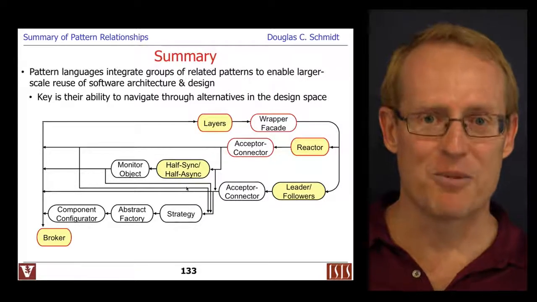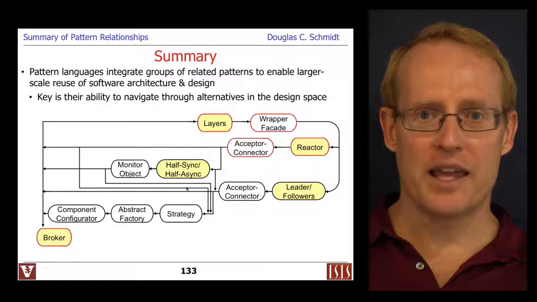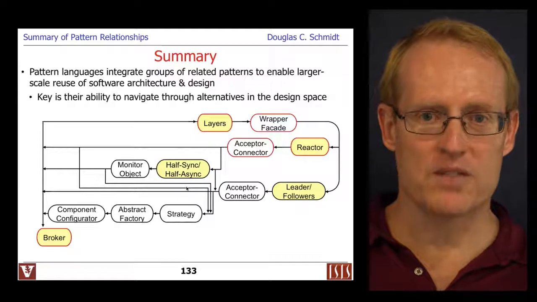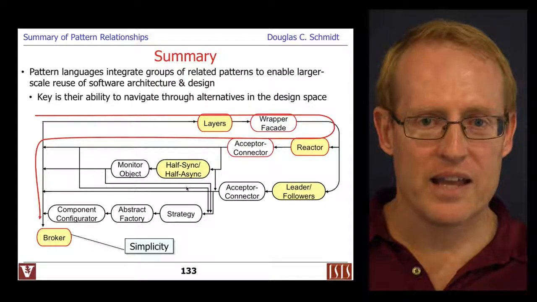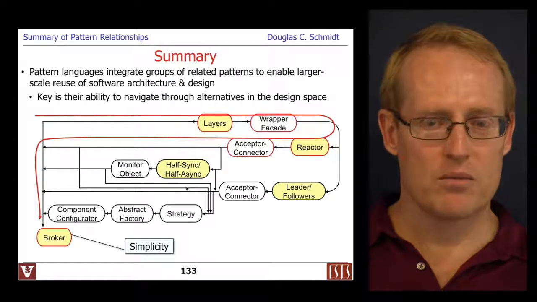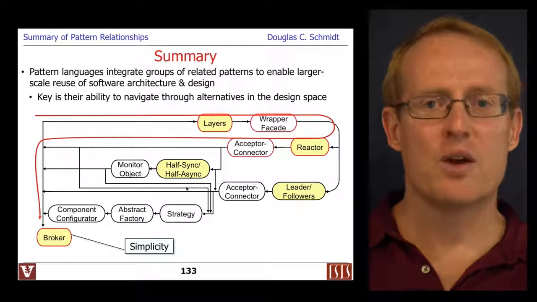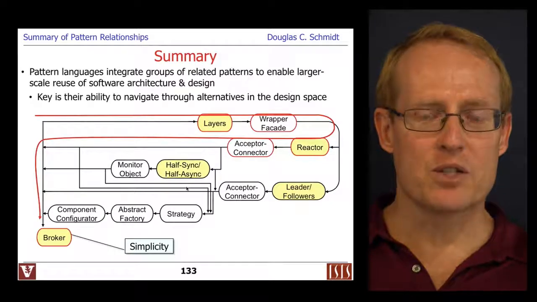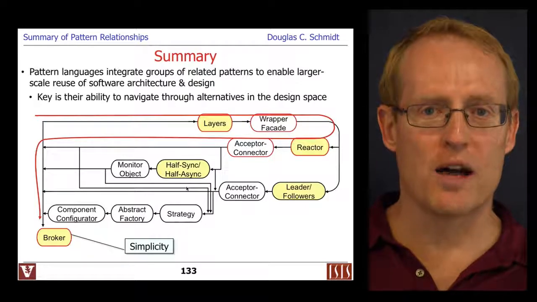That's clearly undesirable. One of the most important things that patterns allow us to do is to navigate through different parts of the design space. For example, we took a look in our discussions of our communication middleware broker pattern language, where we could have simplicity, just a few patterns to give us a coarse-grained, single thread of control model.